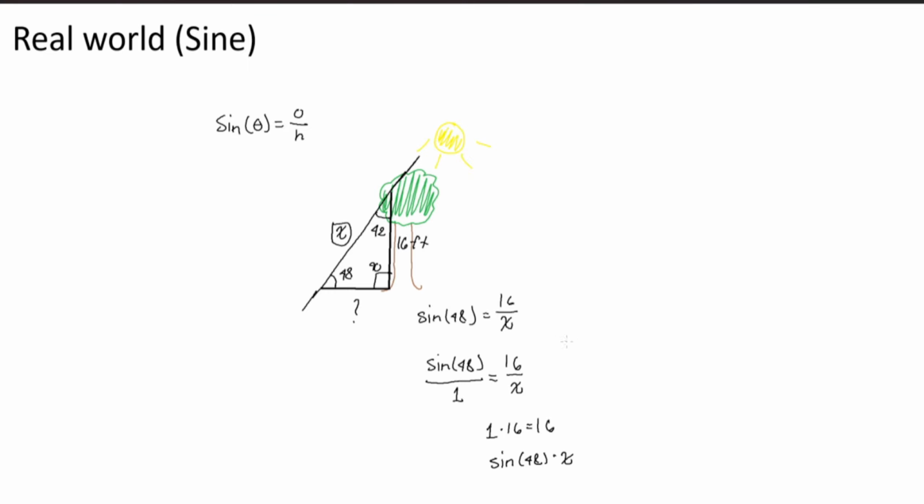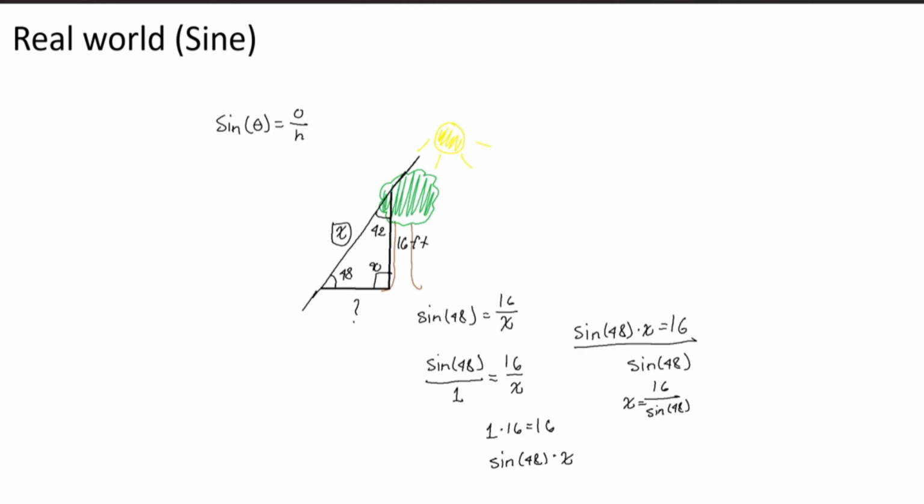So sine of 48 times x is equal to 16. Well, how do we solve for x? We can use basic algebra. We can divide by sine 48 on both sides, and now x is equal to 16 divided by sine 48.